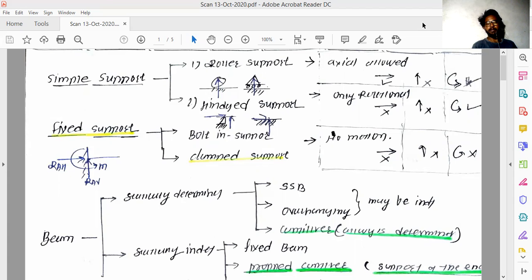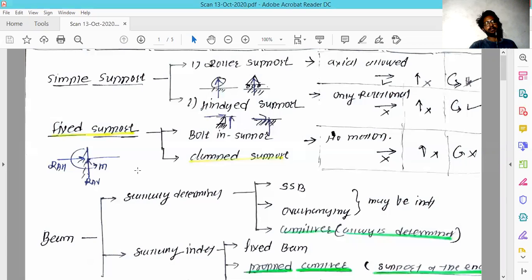So we are going to start firstly with the type of support, and after that we will go to the type of beam. It has a small concept in it, and I will explain it whenever that point comes to my mind. I'll share it with you.